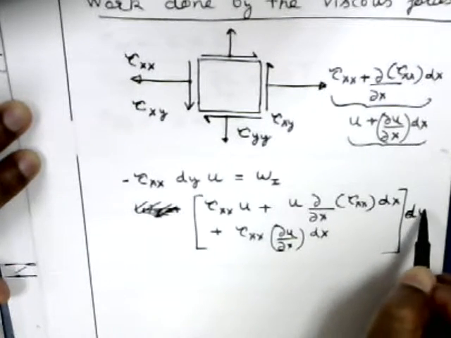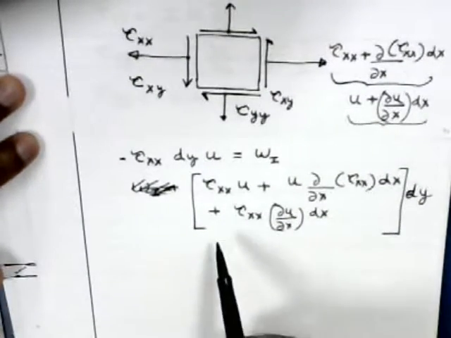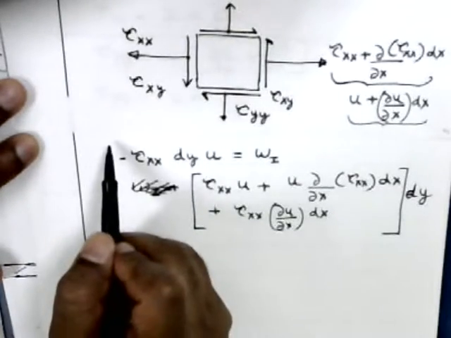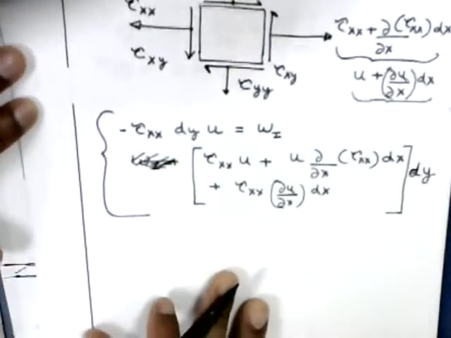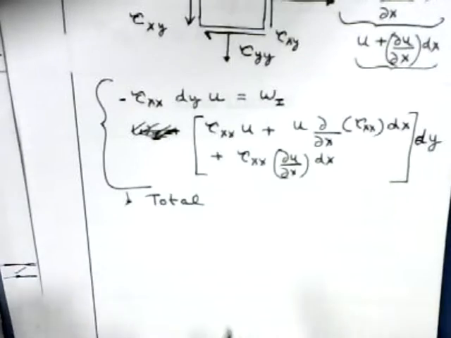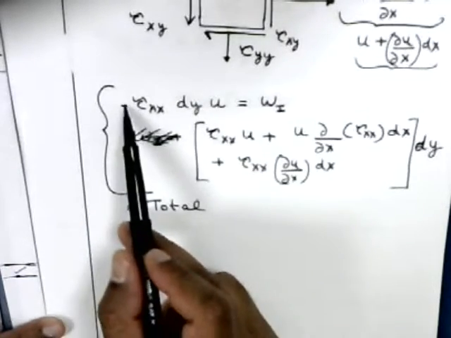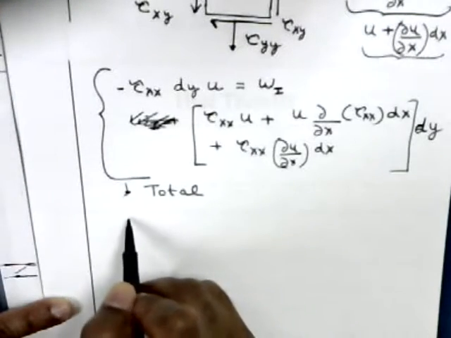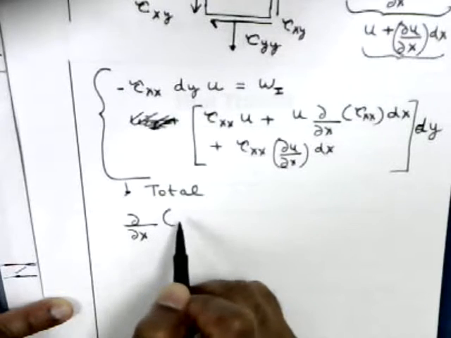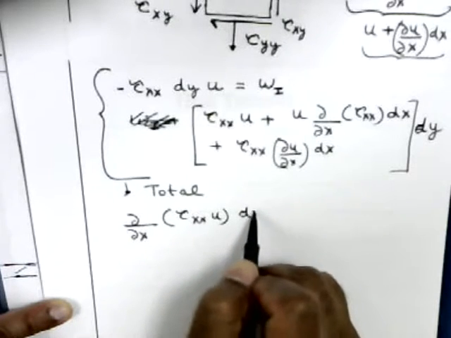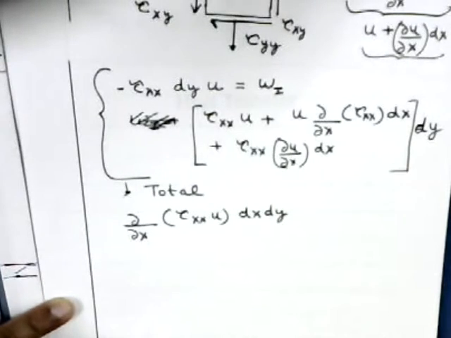Okay, so this is the work done by the force on the right face. So for the total of these two, you see one term will cancel because it is negative here and positive here. So you'll get del x of tau xx u times dx dy. Okay, this is the work done by that.